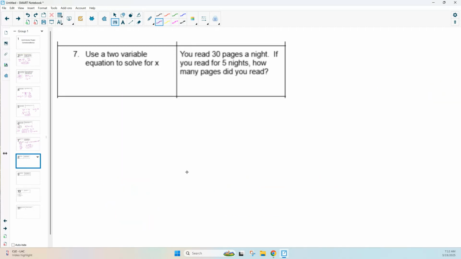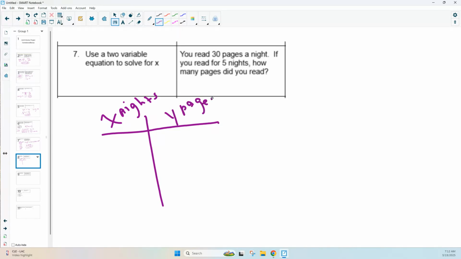Use a 2-variable equation to solve for x. You read 30 pages a night. If you read for 5 nights, how many pages do you read? All right, so x is our number of nights, as we already saw from the last problem, and y is our pages. We know that we are multiplying by 30 here. 1 night is 30 pages, 2 nights is 60.